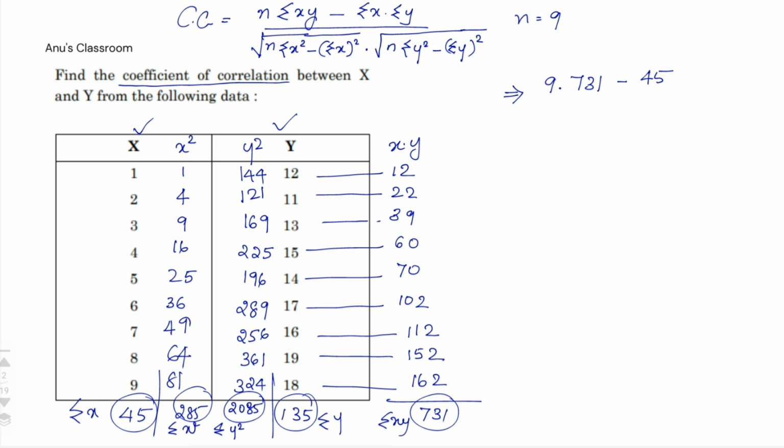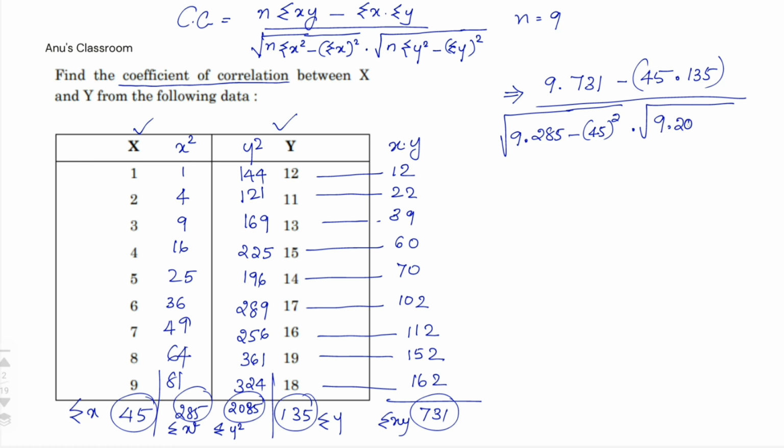So 45 into 135, divided by root of 9 times sigma x square, that is 285, minus sigma x whole square, that is 45 square, times 9 into sigma y square, which is 2085, minus sigma y whole square, that is 135 square.